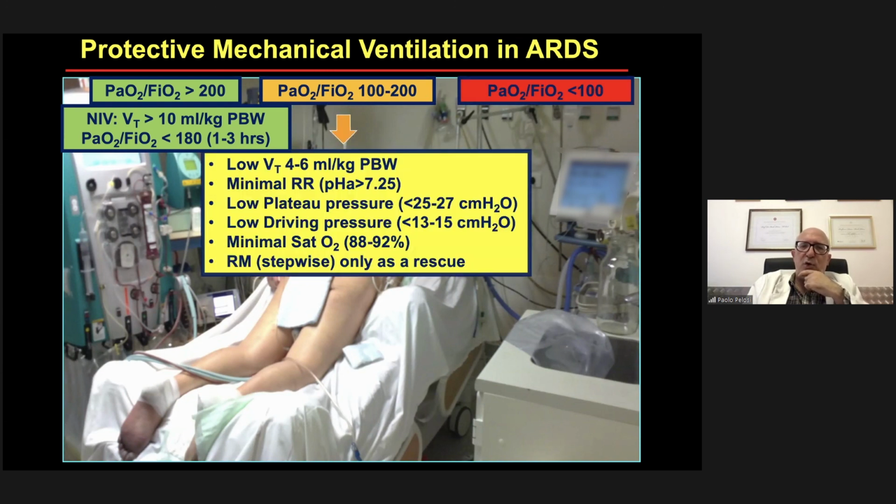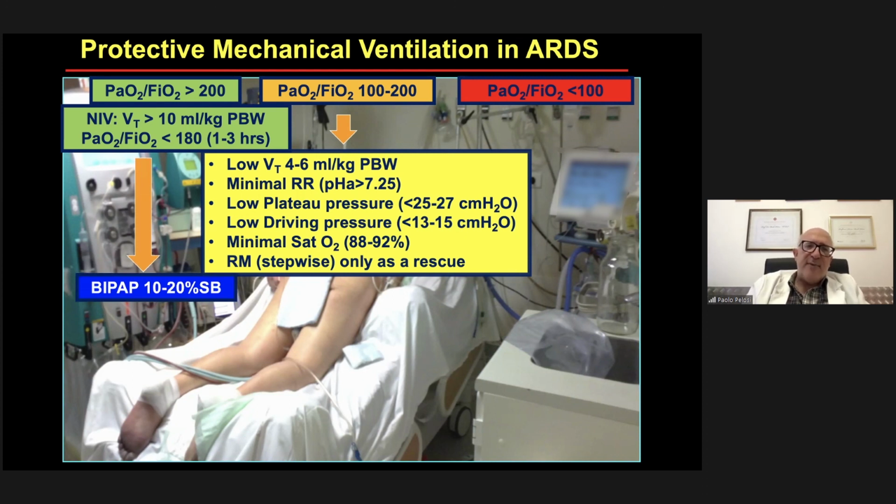In case of PO2 below 100 and 200 or below 100, we should start with invasive mechanical ventilation with low tidal volume, with a minimal respiratory rate according to the pH, with low plateau pressure below 25 to 27, low driving pressure below 13 to 15, minimal oxygen saturation target between 88 to 92, and use recruitment maneuvers eventually stepwise only as a rescue.